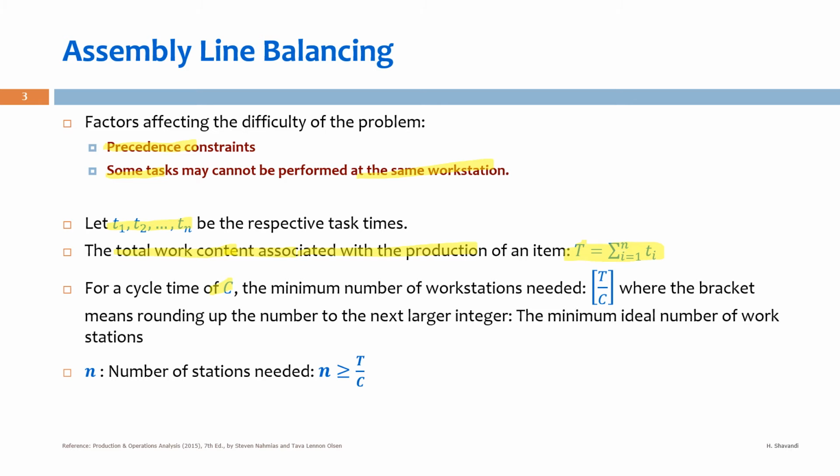Now if we divide the total time T by the cycle time C, and the bracket here means rounding up this number, so we will always round up to the next larger integer. Then n here will be the number of workstations, so n is always greater than or equal to T divided by C.